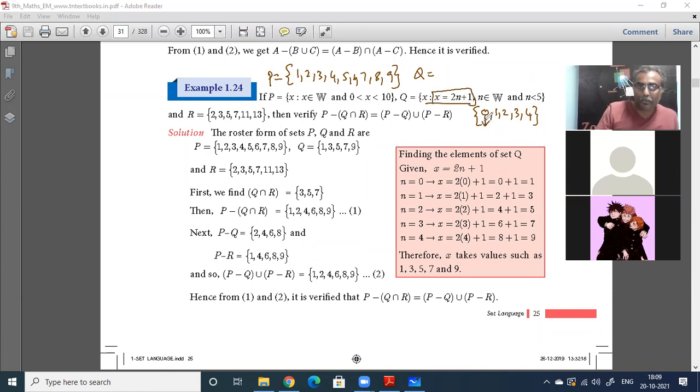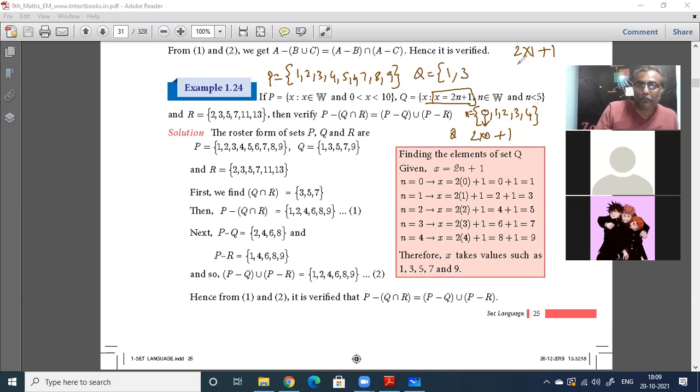Okay. So, n is equal to 0. What is 2n plus 1? 2 into 0 plus 1 is how much? 1, uncle. Very good. Same way, 2 into 1 plus 1. How much? 3. Very good.